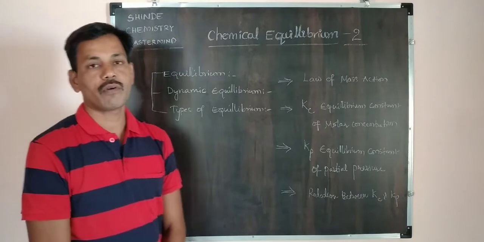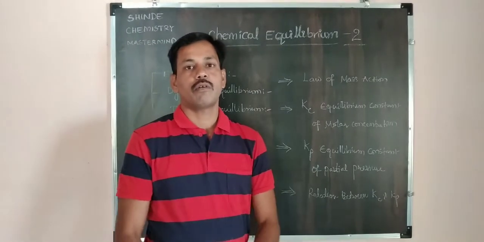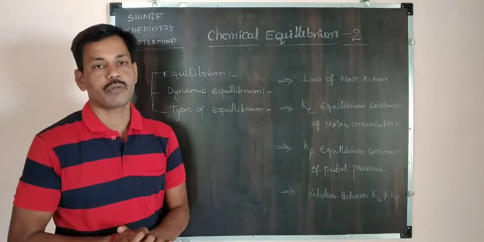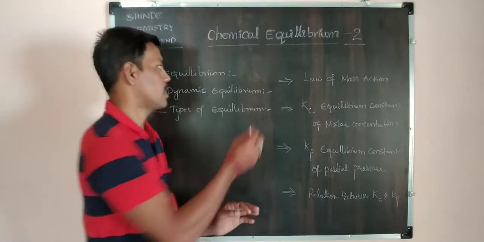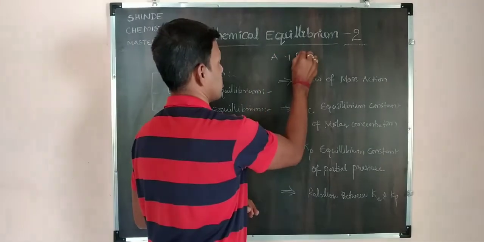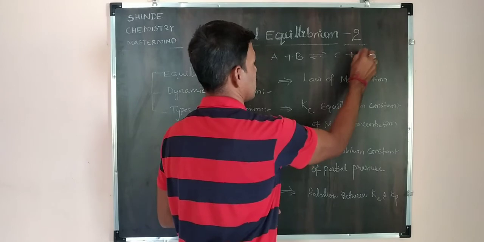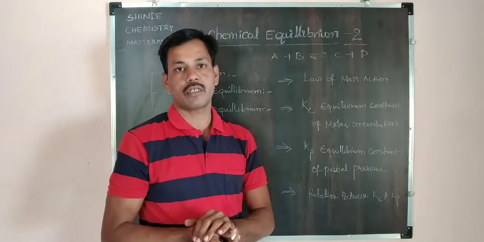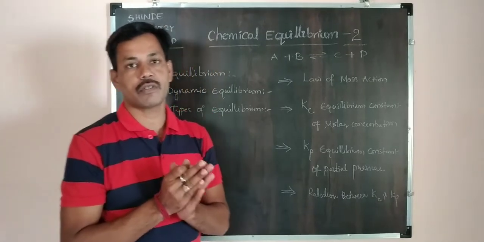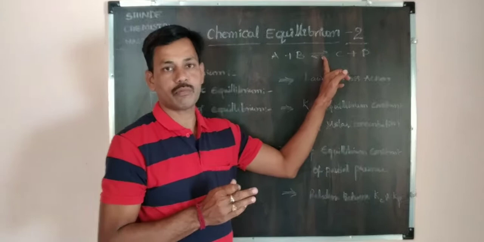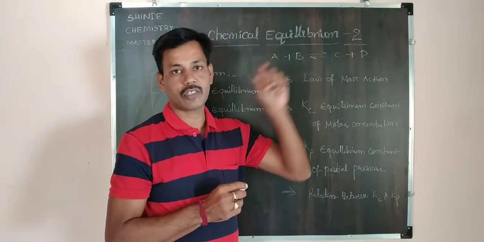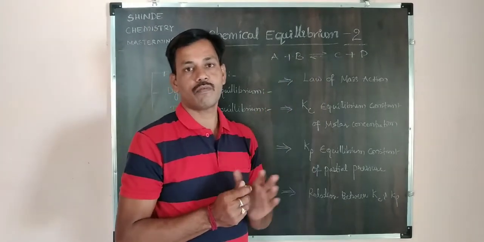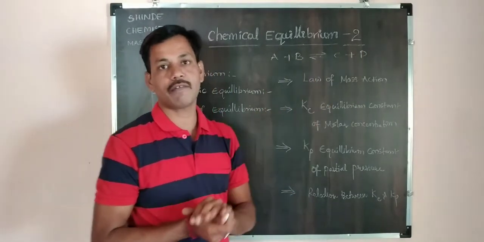Before starting this session, once again let us repeat what is meant by an equilibrium process. In an equilibrium process, generally A plus B gives rise to C plus D. If you assume this is an equilibrium process, how can you say so? The double-sided arrow in the reaction shows the reaction is carried out in two directions, forward reaction and backward reaction.